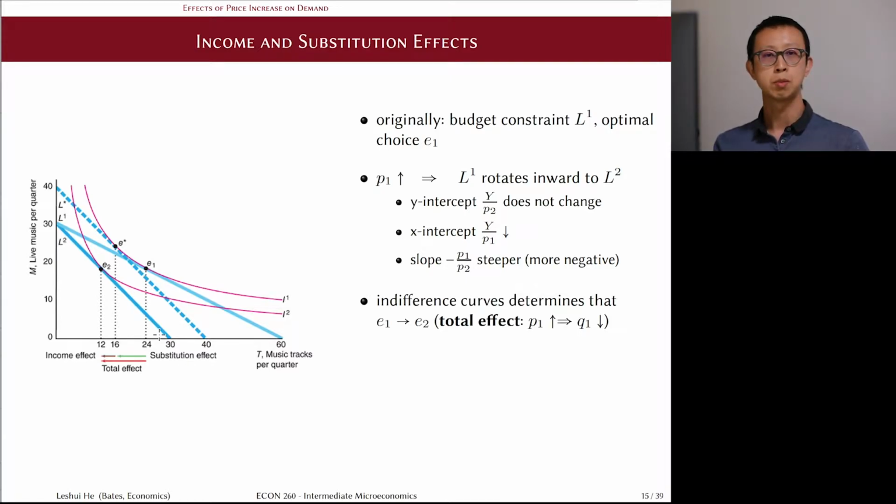The optimal consumption bundle changes as the budget constraint rotates. On this graph, the original optimal bundle is marked by the tangent point E1. After the increase in P1, the budget constraint rotates inwards to the darker blue curve, leading to a new tangent point, or optimal consumption bundle, of E2.